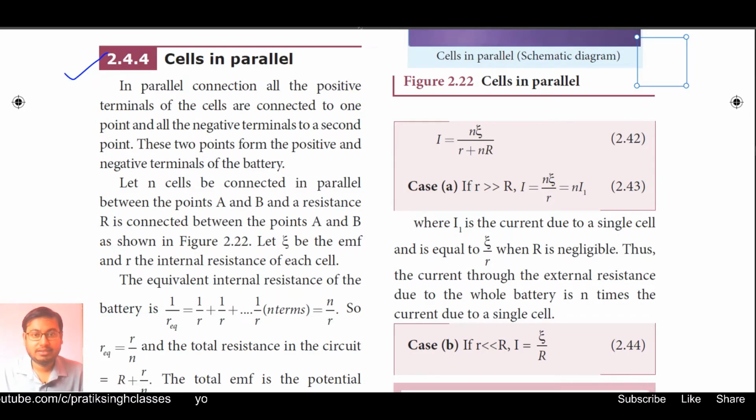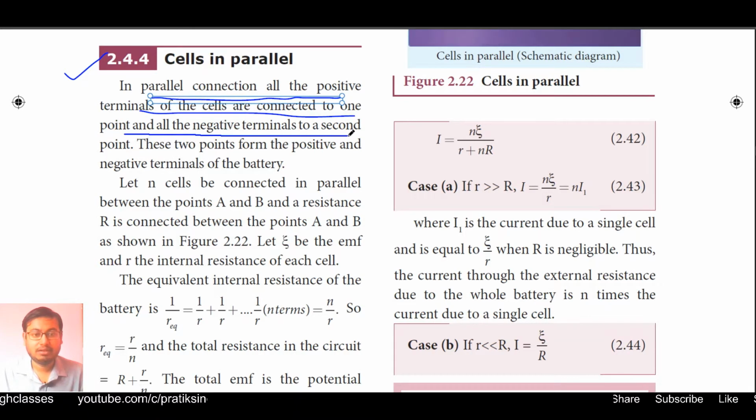Alright, let us start the theory part. In parallel connection, all the positive terminals of the cells are connected to one point and all the negative terminals to a second point, as we have seen in figure 2.22, to form cells in parallel connection.